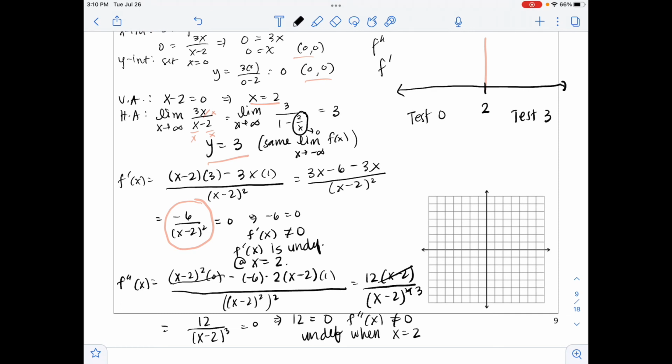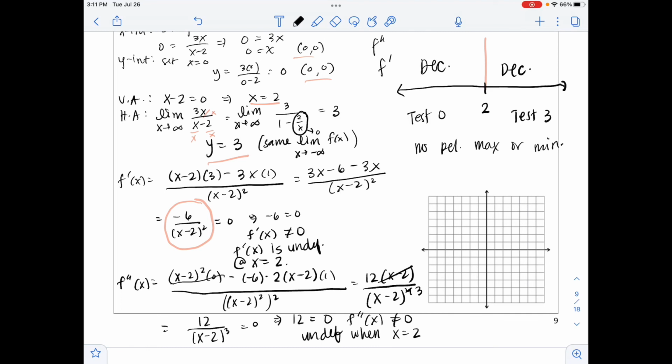So substituting in 0 into our first derivative, which is circled, we get negative 6 over a positive value since it is squared. So that means it would be negative, which means that this is decreasing. Then testing 3 and substituting in 3 into this, it's also going to be negative, and so this is also decreasing. So from here you can see that we have no relative max or min.